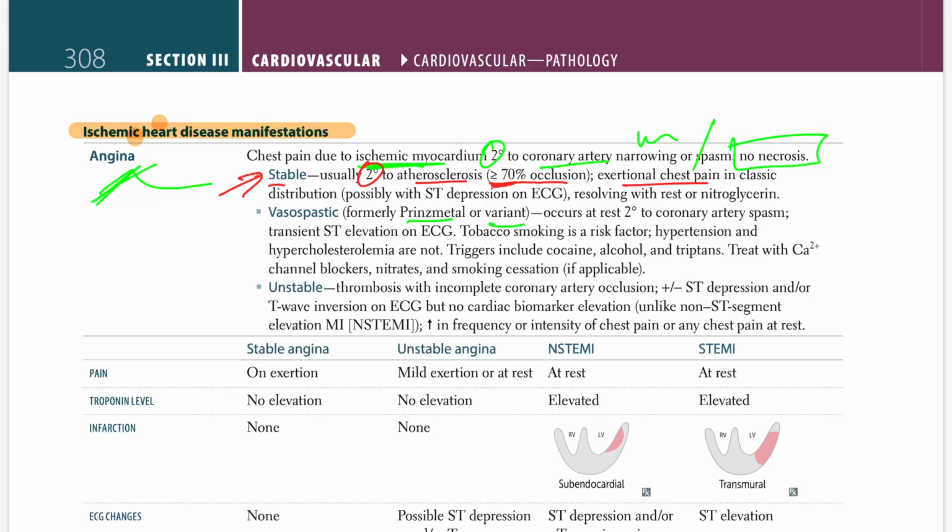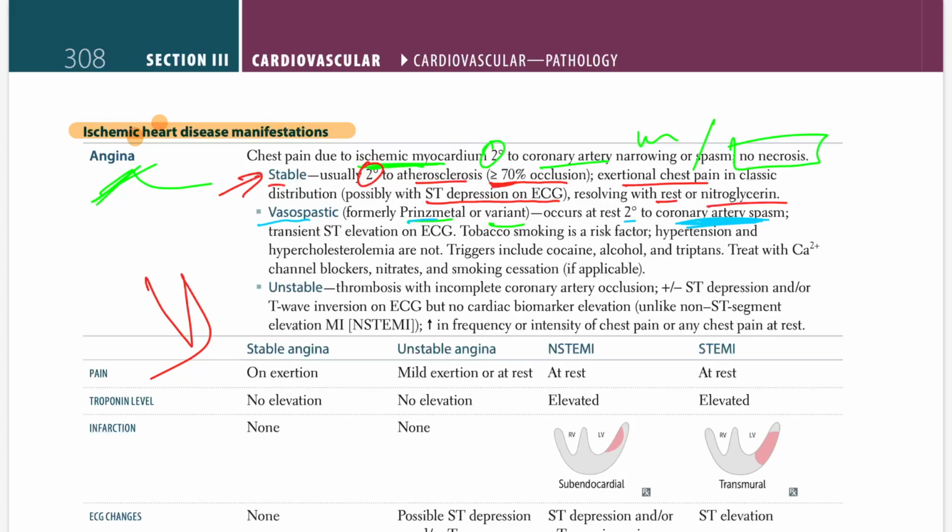It's in classic distribution, possibly with ST segment depression on ECG, which we will see here. Resolved with rest or nitroglycerin.